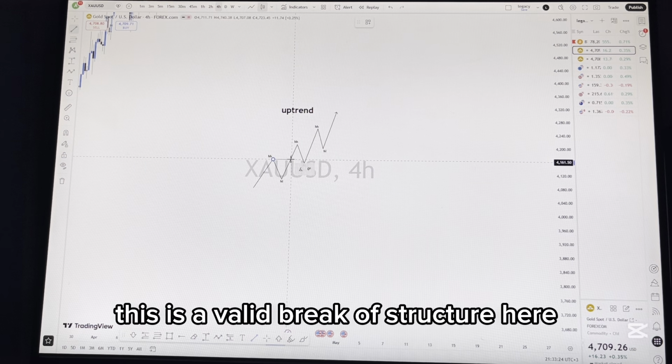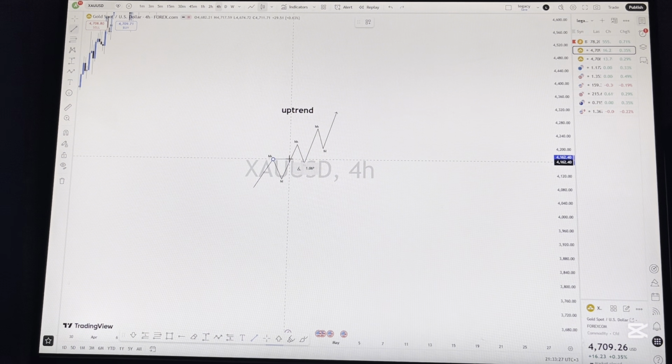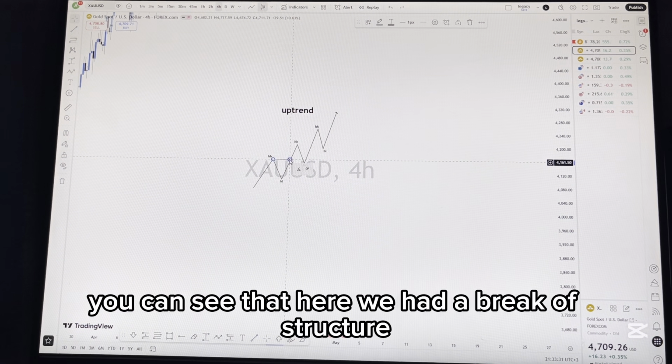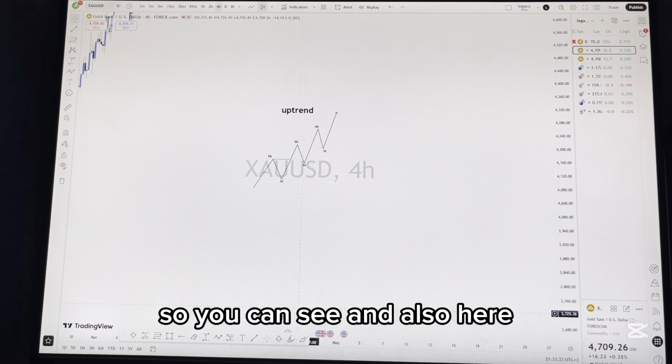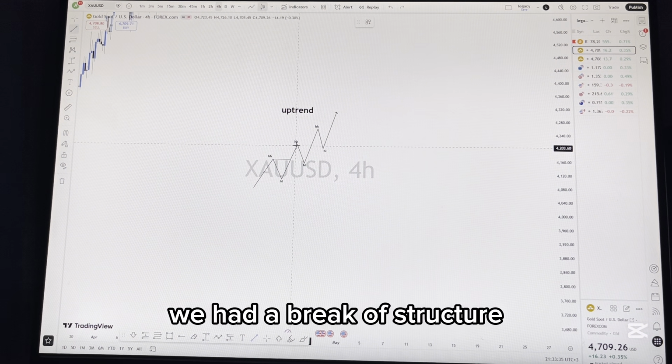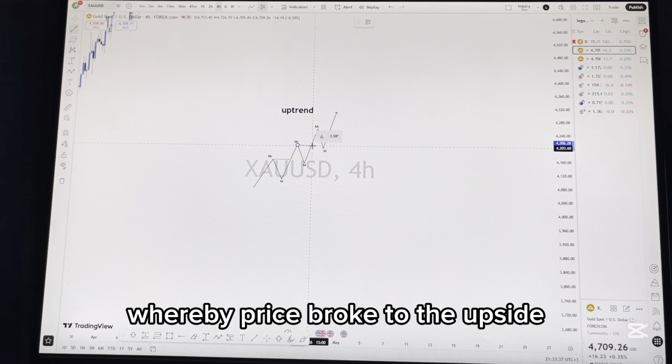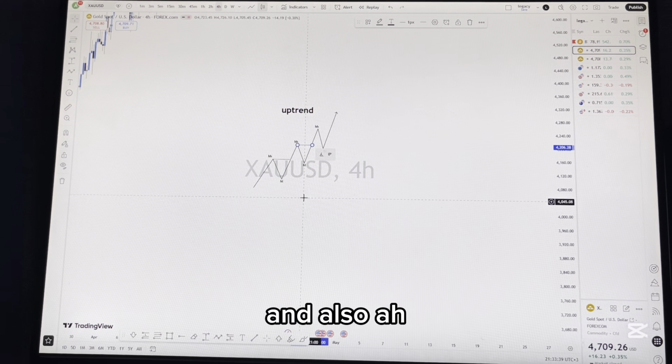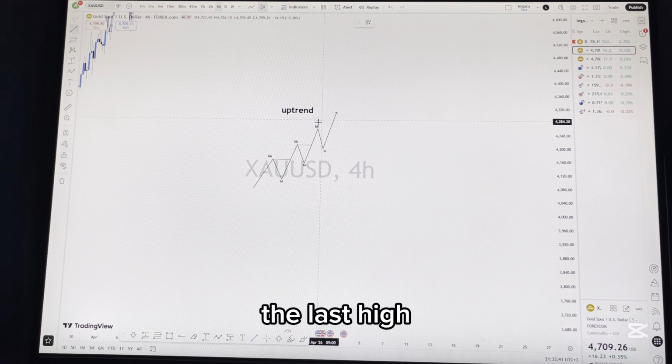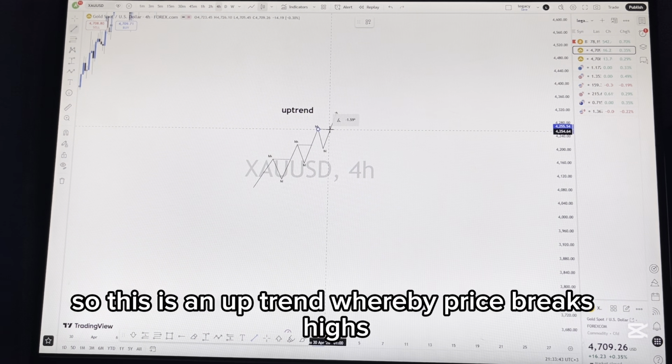This is a valid break of structure. Also here we had a break of structure whereby price broke to the upside, and also the last high. So this is an uptrend whereby price breaks highs.